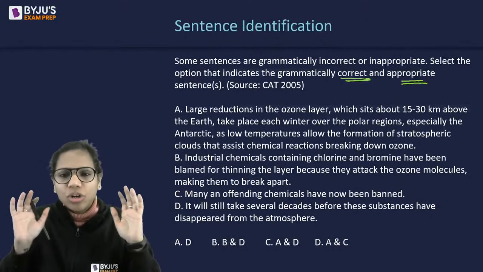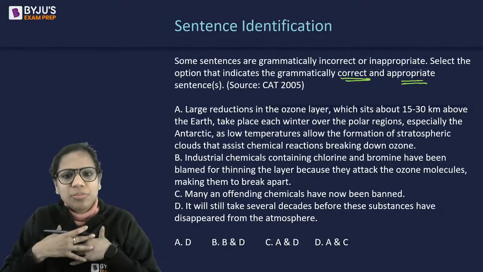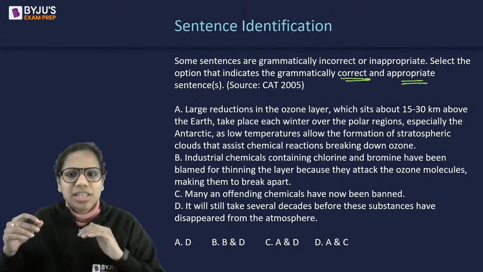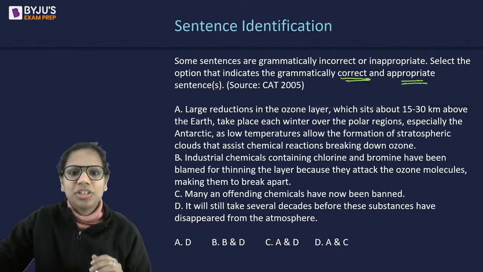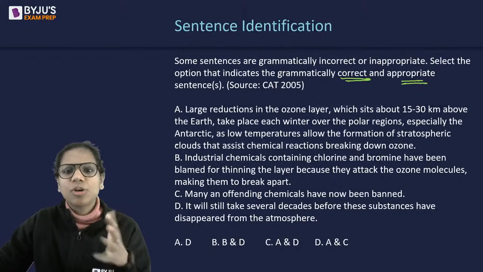Okay, so in all your grammar questions, the point that I try to keep in mind is that I look at all the sentences. So I form my opinion about each sentence, but I begin eliminating from that sentence about which I'm very sure.